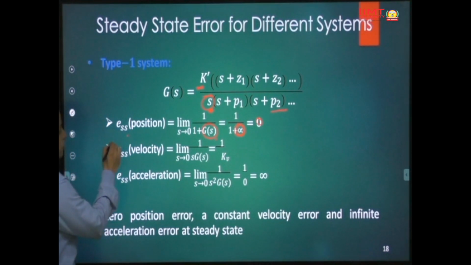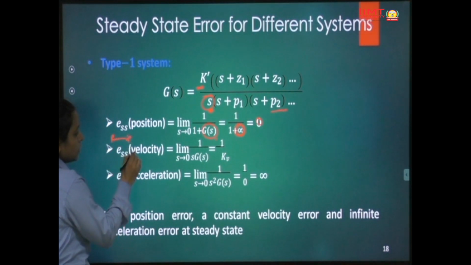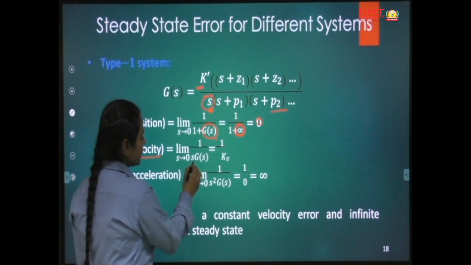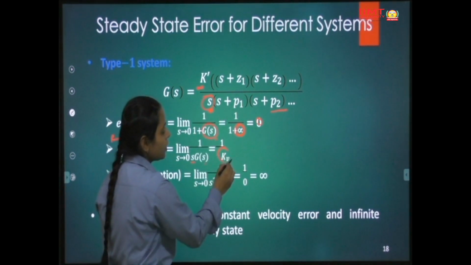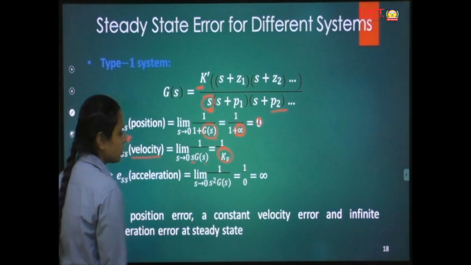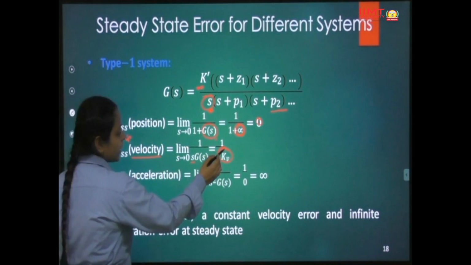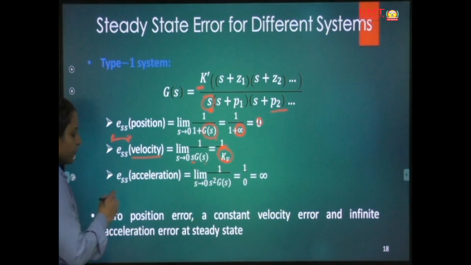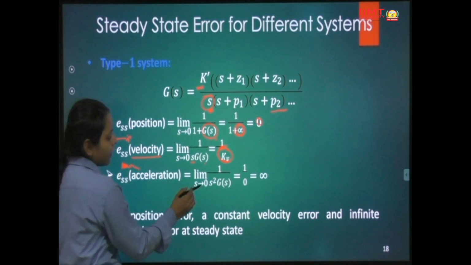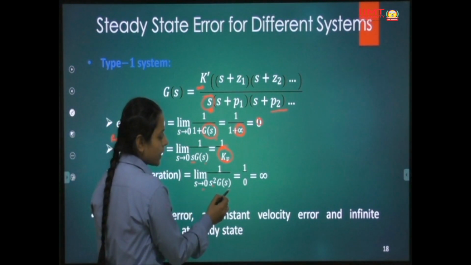And for ramp input, with velocity error constant s G(s), this s would get cancelled, so we will have a finite velocity error constant, and so we will have a finite error with ramp input. For parabolic input we would have limit s tends to 0 s square G(s).